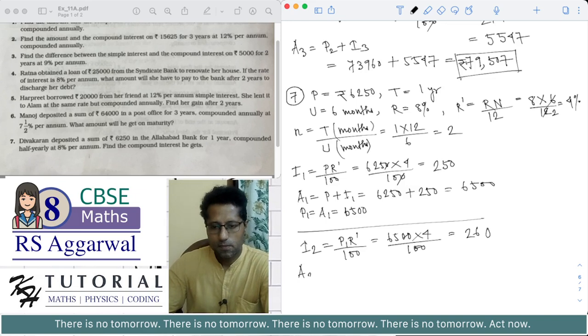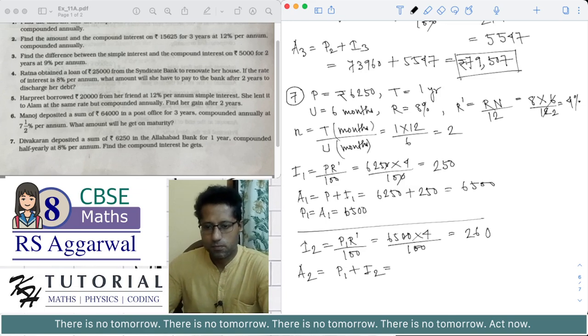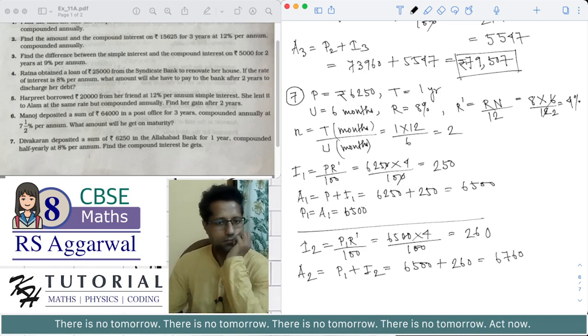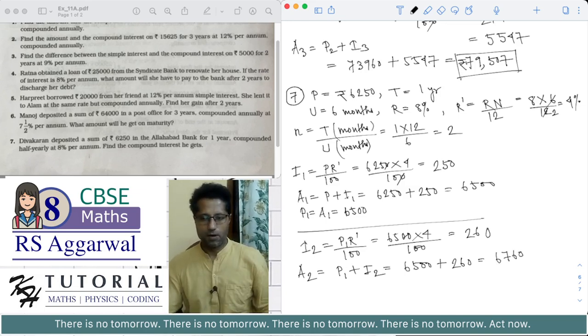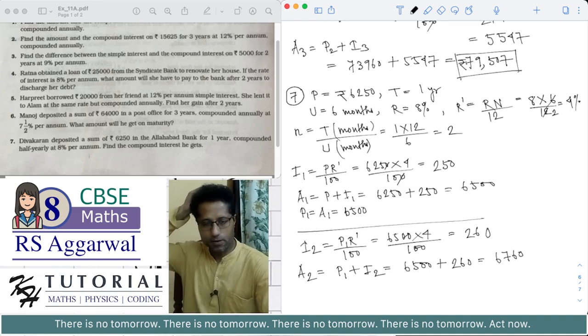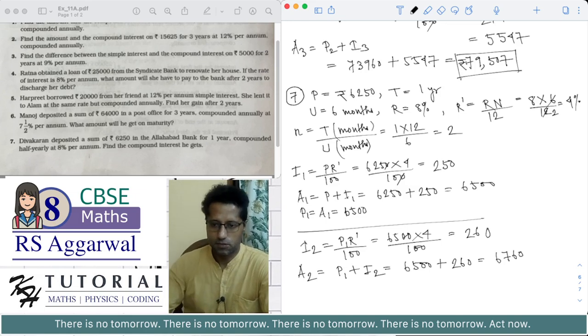A2 will be equal to P1 plus I2. This is equal to 6500 plus 260, which is equal to 6760. So the final amount after 1 year is 6760.